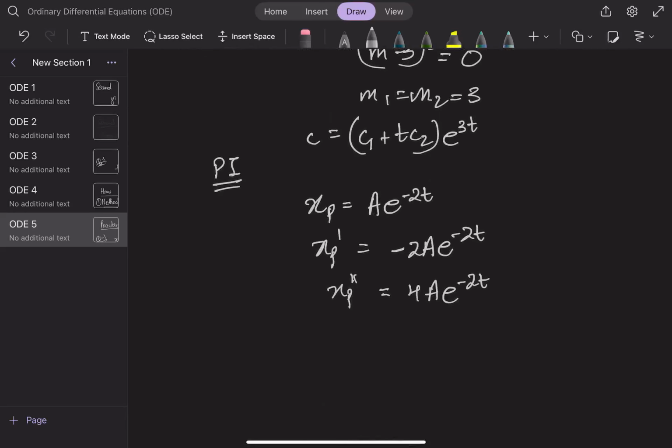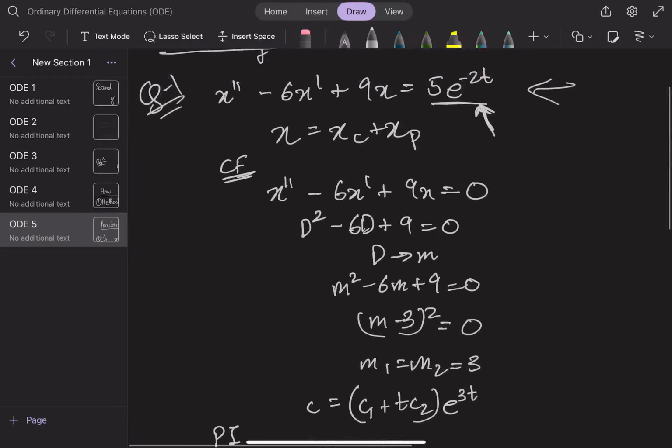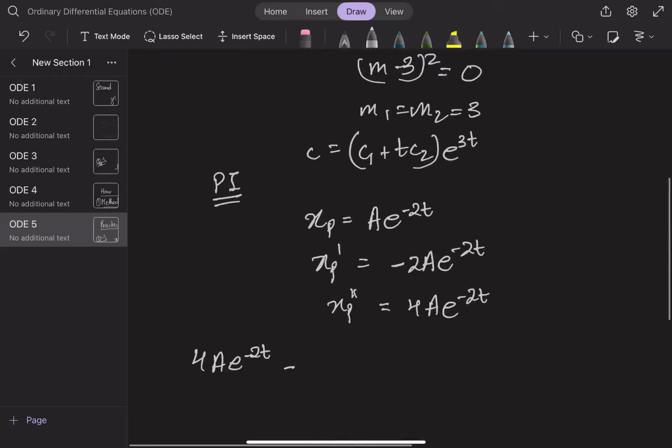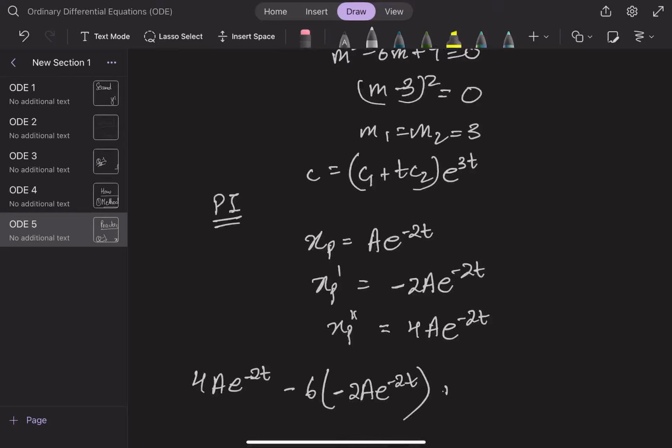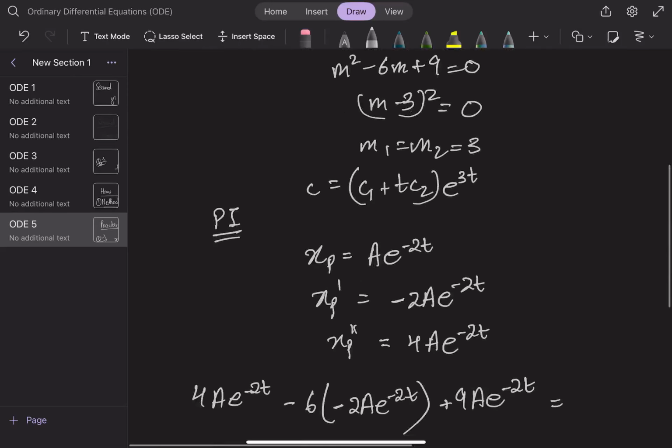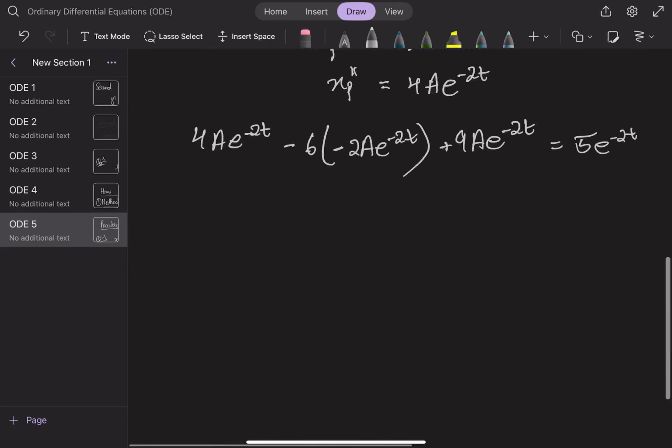So that's x double dash 4a e raised to minus 2t, minus 6 times x dash, minus 6 times minus 2a e raised to minus 2t, plus 9x, so plus 9 times a e raised to minus 2t, is equal to 5 e raised to minus 2t.